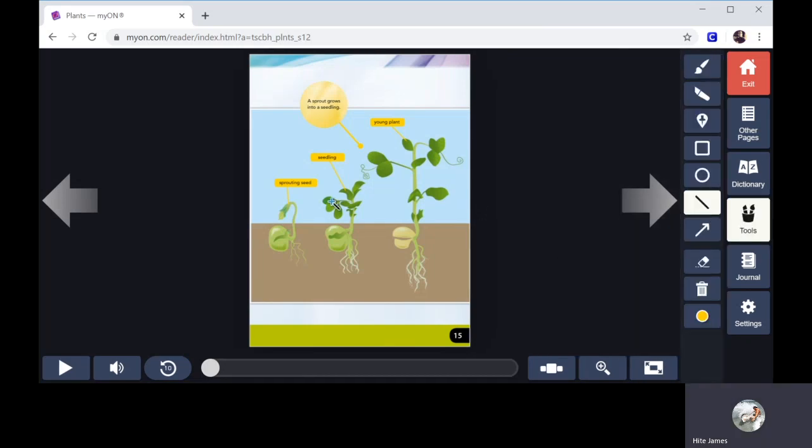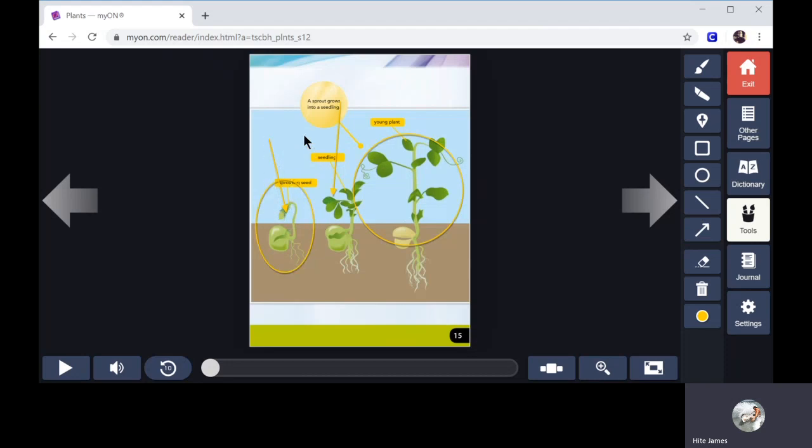If you look at this little plant here, first the seedling or the young plant, notice that they have leaves here, but do you see any leaves on the sprout?